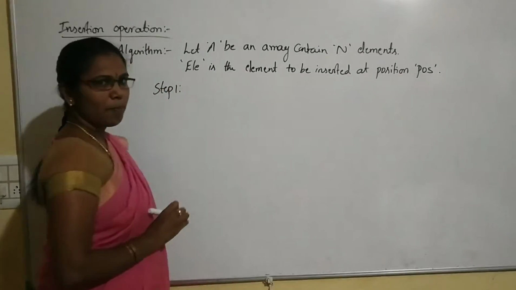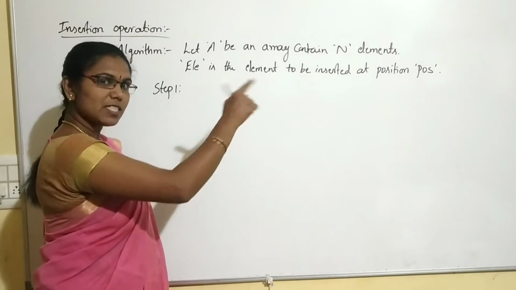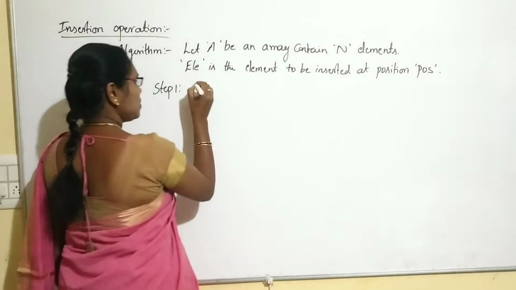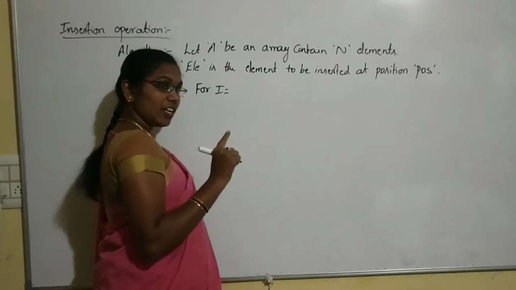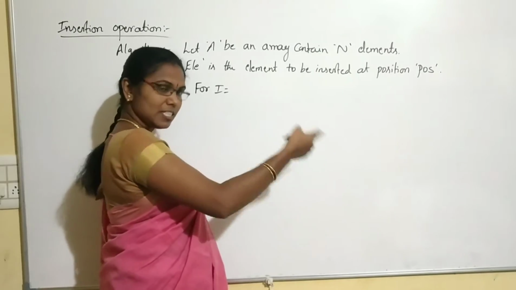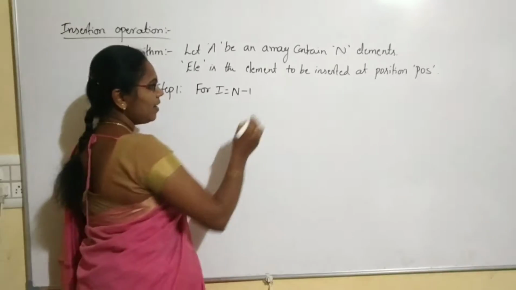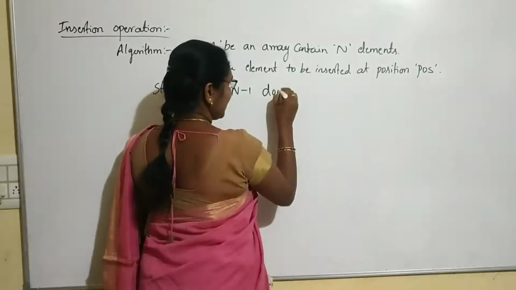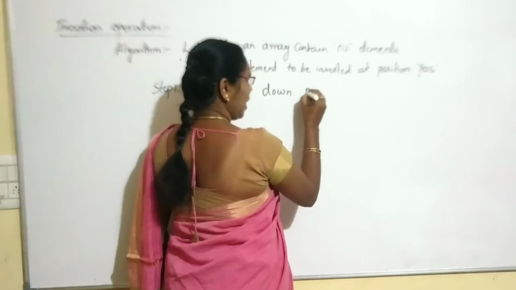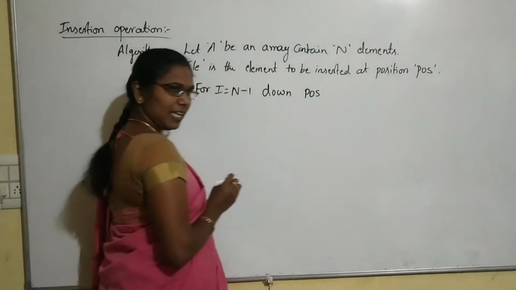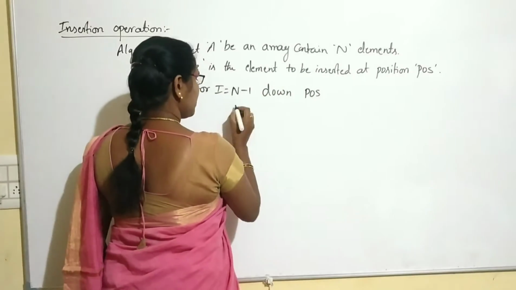Step 1. We shift the position and the next elements to the next higher order positions, right? We use a for loop, for I equals to n minus 1 down to position.